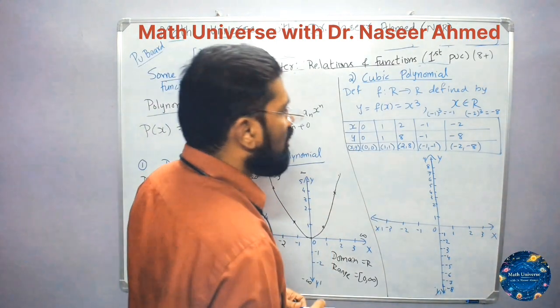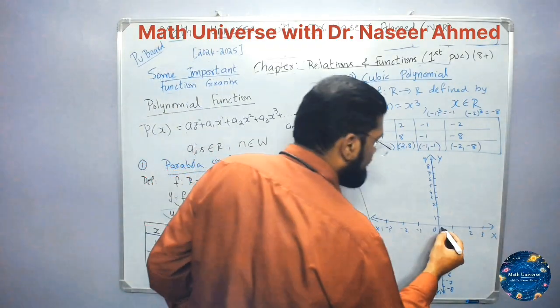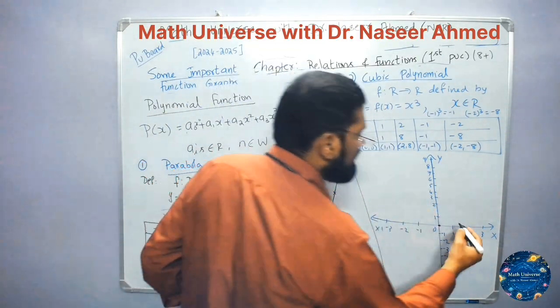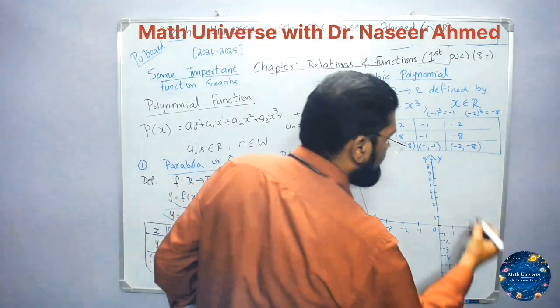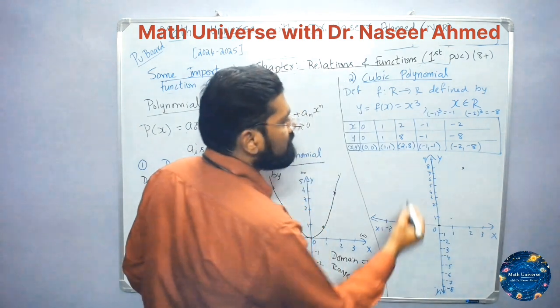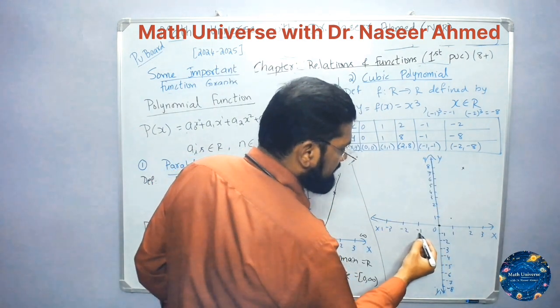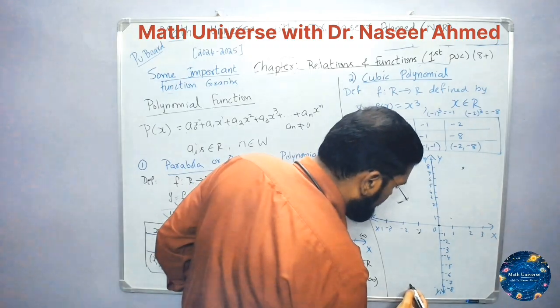Now let us plot the points first. So 0 comma 0, it's here. 1 comma 1, it's here. 2 comma 8, 2 is here and 8 is somewhere here. Let us write it. 2 and 8. Then minus 1, third quadrant, it's somewhere here. Minus 2, minus 8 will be somewhere here. Okay.